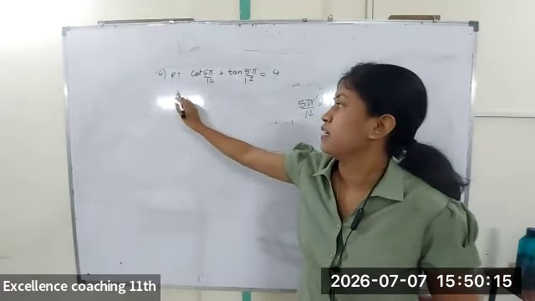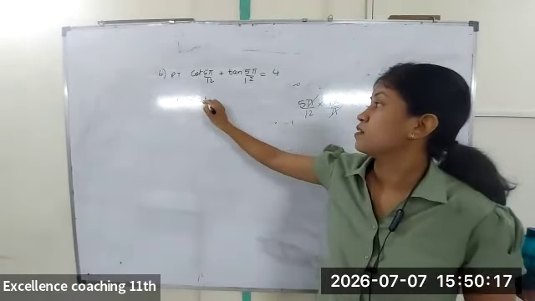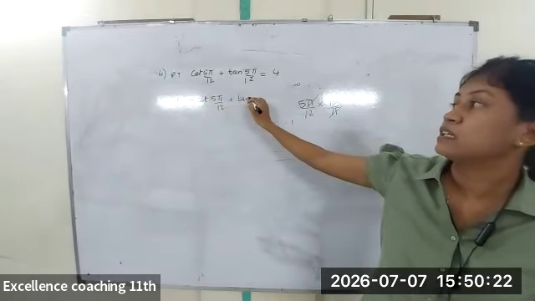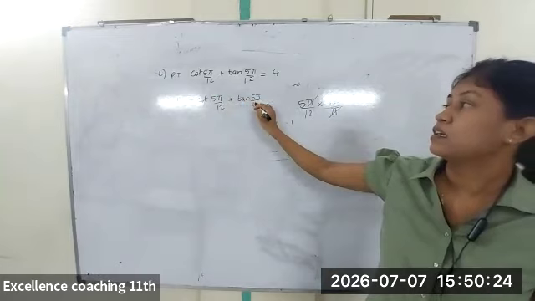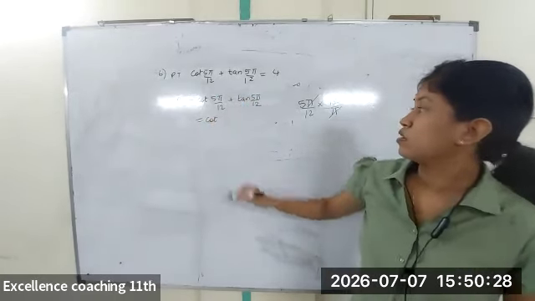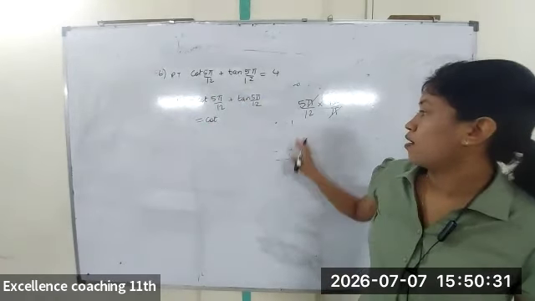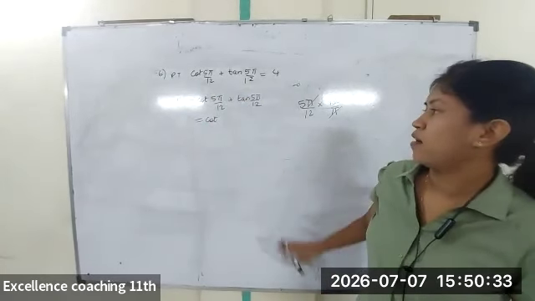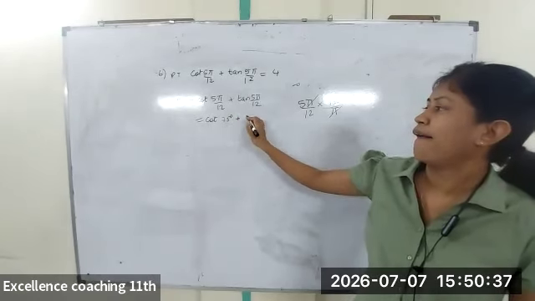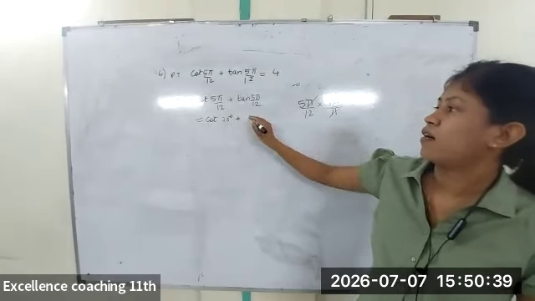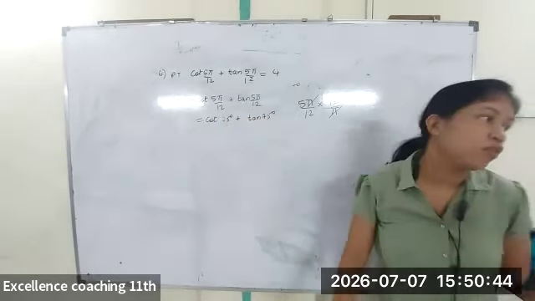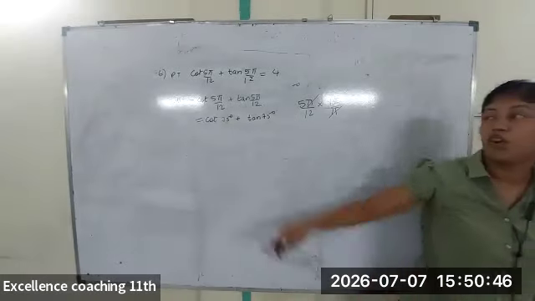So take the left hand side. You can write it as... now no need to find all the values, cot also, tan also.